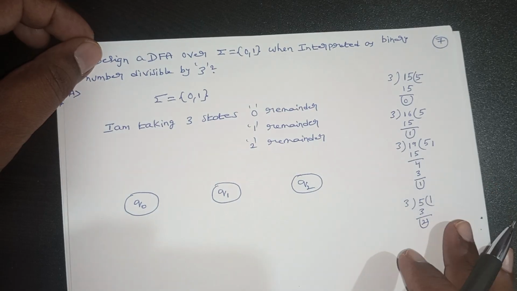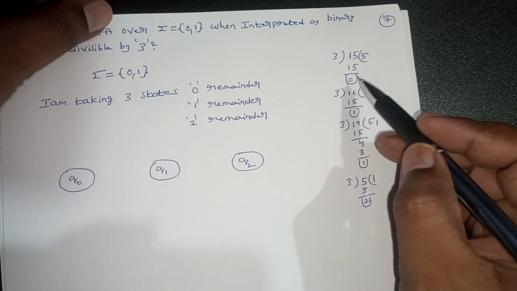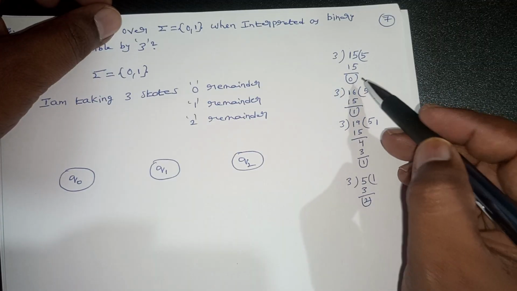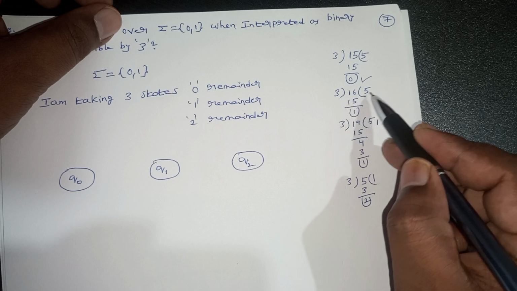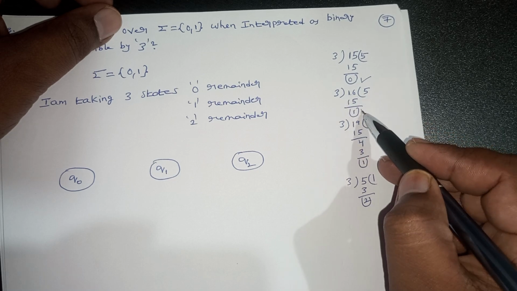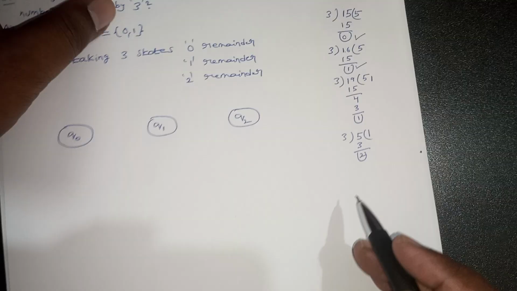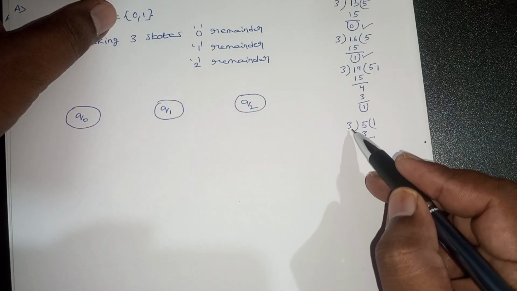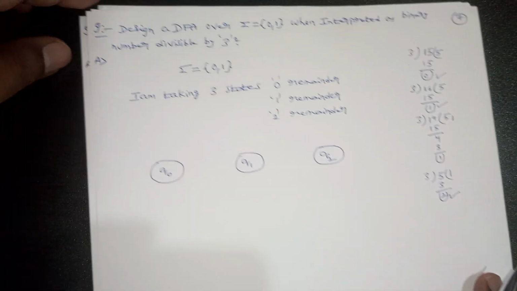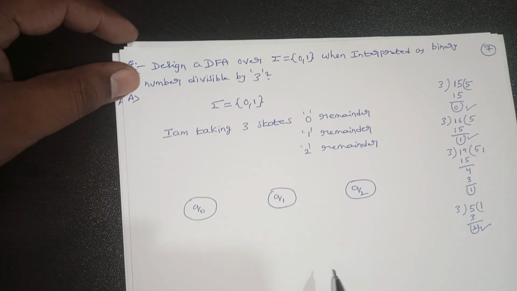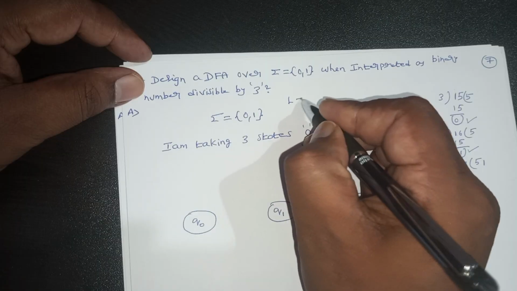Now I am taking some examples here. I am taking 15, 3 fives are 15, remainder equal to 0. So 16, 3 fives are 15, 16 minus 15, 1 is the remainder. I am taking 5, 3 ones are 3, so 2 as a remainder.